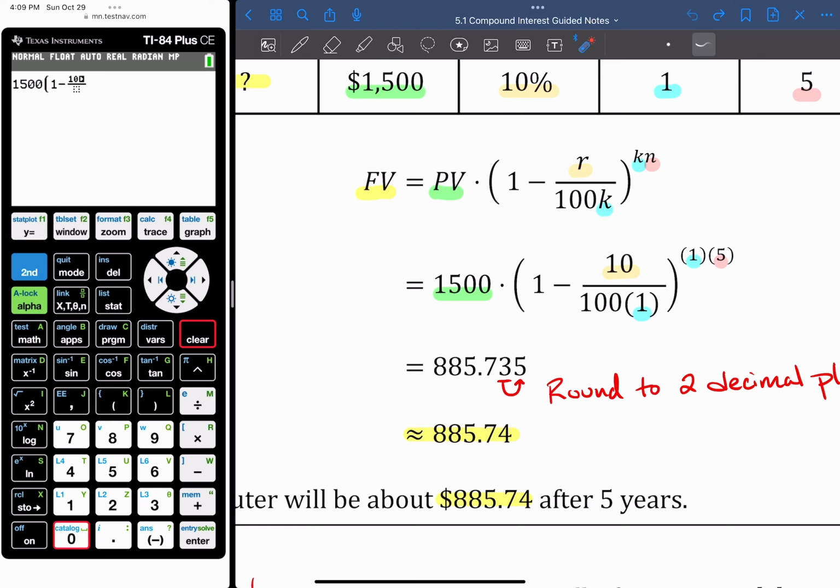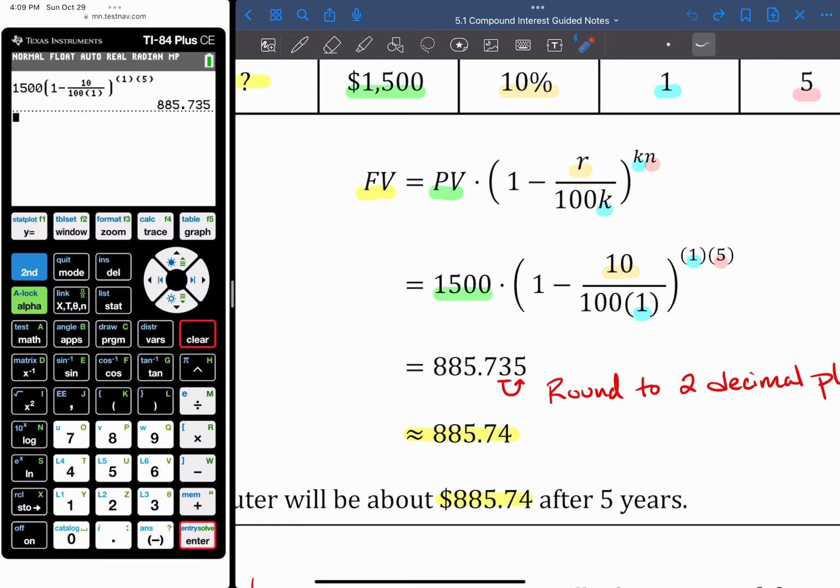The depreciation is 10% over 100 times 1, because our K value is, again, 1, raised to the power of 1 times 5. Yes, the 1s are technically redundant. We do not need them, but I'm just going to do that to train my brain on the K value. Keep that in my mind. If I don't remember the formula, I'm building that muscle memory.